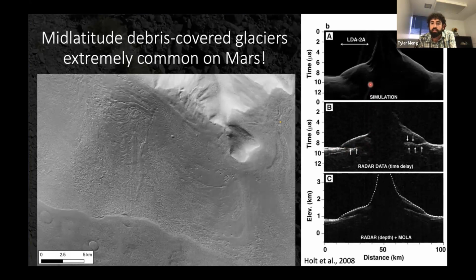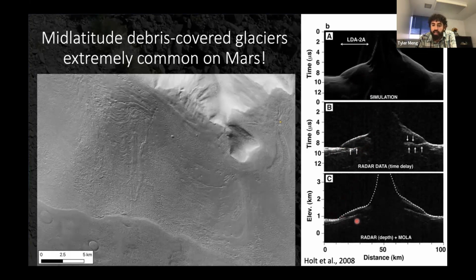And it's important to simulate the surface clutter, or the off-nadir reflections that are essentially reflecting off the topography off to the sides of the track of the spacecraft. By qualitatively comparing the locations of the reflections and ensuring that there's an absence of clutter in that travel time location, we can infer that we are actually detecting the base of the debris-covered glacier.